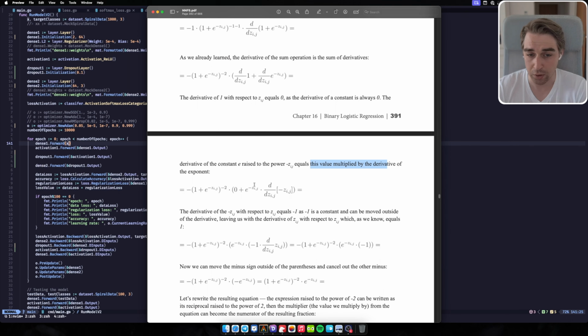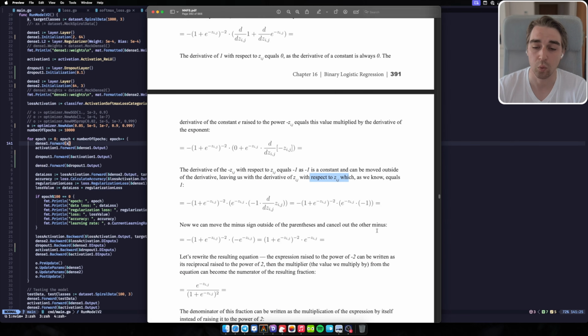Then we have the value itself, right? And then we need to calculate the derivative of the internal function. The derivative of minus z with respect to z equals -1, as the -1 is the constant that we can move outside of the derivative, leaving us with the derivative of z with respect to z, which as we know equals 1.